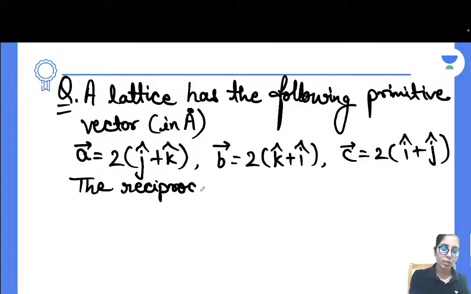The reciprocal lattice corresponding to the above lattice is.